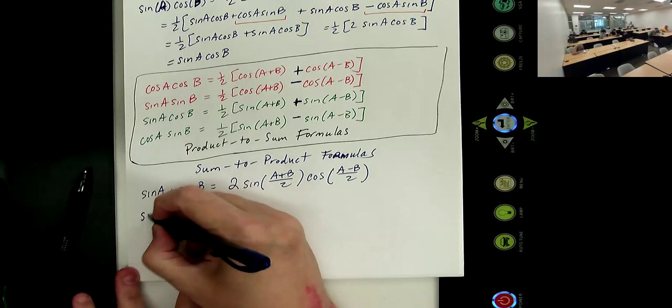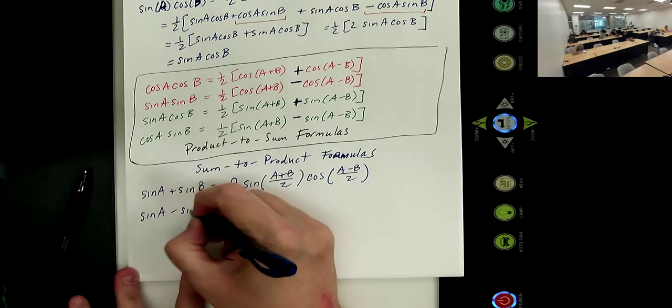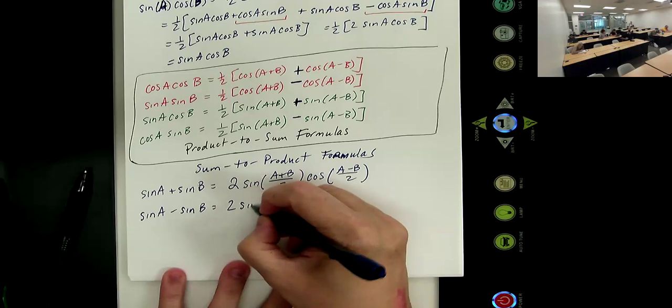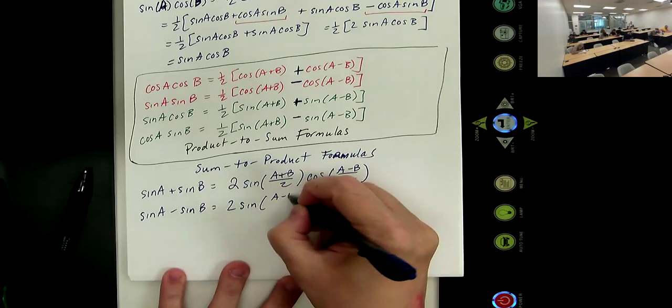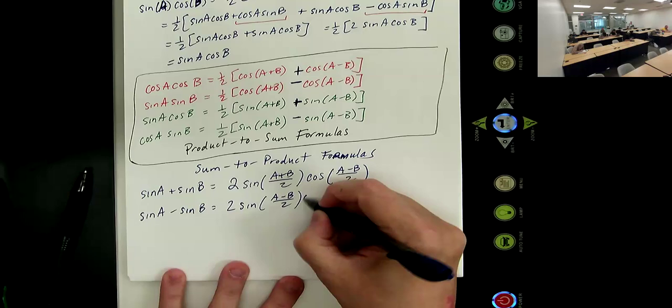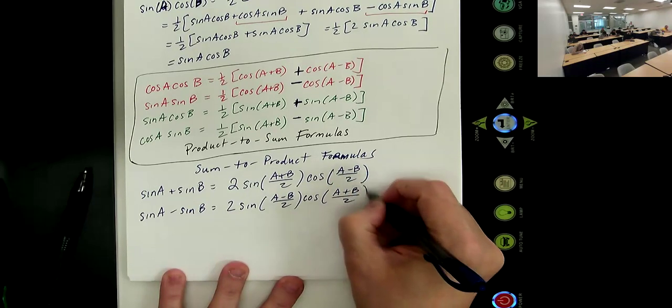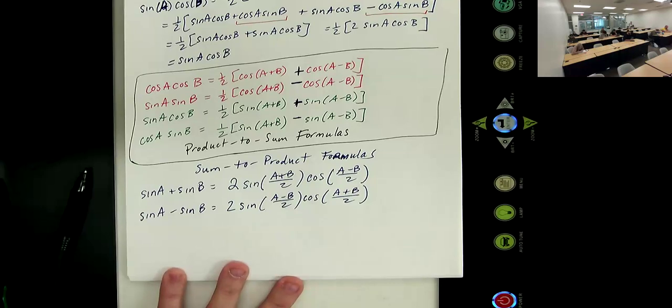Then if we switch to minus sine B, it alternates the signs inside. This becomes A minus B over 2, and cosine becomes plus. And that's based on doing the odd identity.